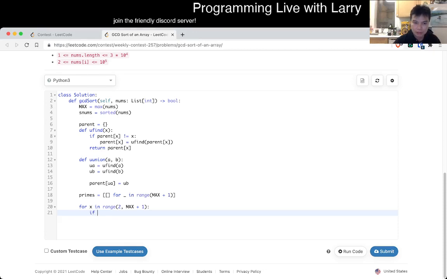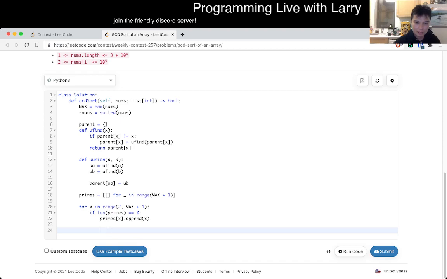Okay, if the length of primes is equal to 0, that means that this is prime. So primes sub x, well, this is a prime. So then just do this, and otherwise, we do for i in range of, let's just do it this way.